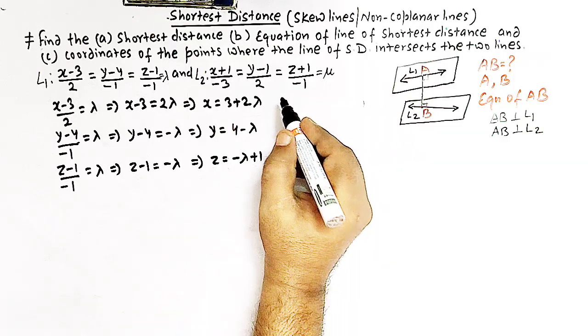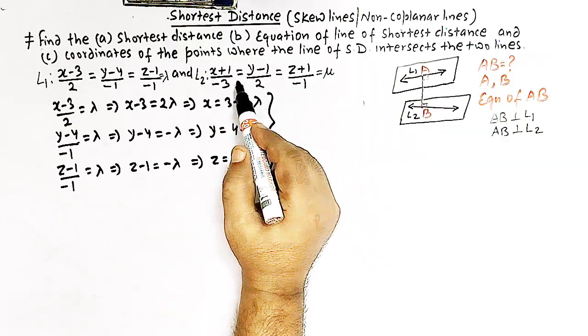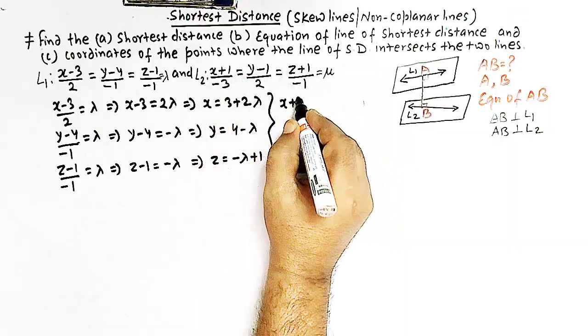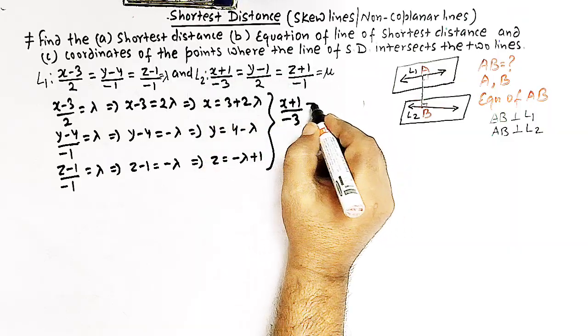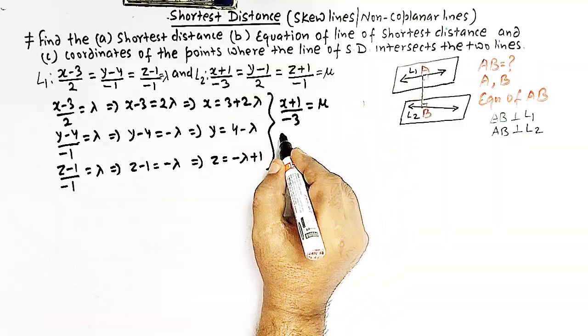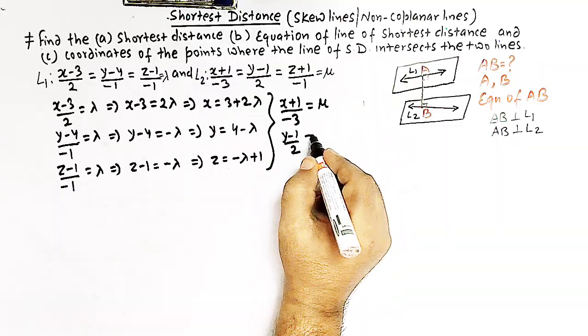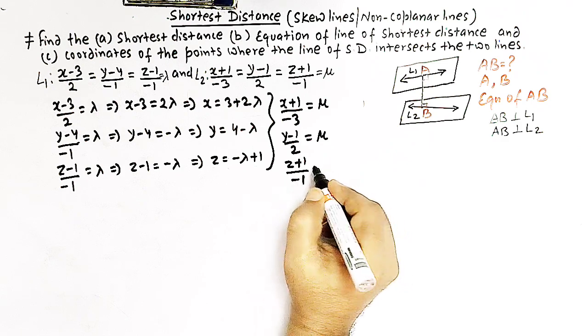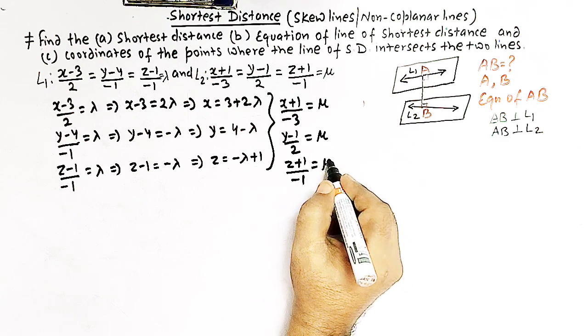From line L2 we have (x plus 1) over minus 3 is equal to mu, (y minus 1) over 2 is equal to mu, and (z plus 1) over minus 1 is equal to mu.